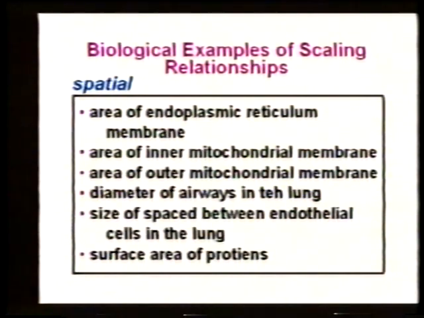Other biological examples where scaling relationships have been measured, as we've seen, include the area of the endoplasmic reticulum and the inner mitochondrial membrane, the diameter of airways in the lung, the sizes of spaces between endothelial cells in the lung, and the surface areas of proteins. A protein is this big, complicated, folded thing, and as you get finer and finer, there are more and more spaces, as I was describing in terms of the catalyst.